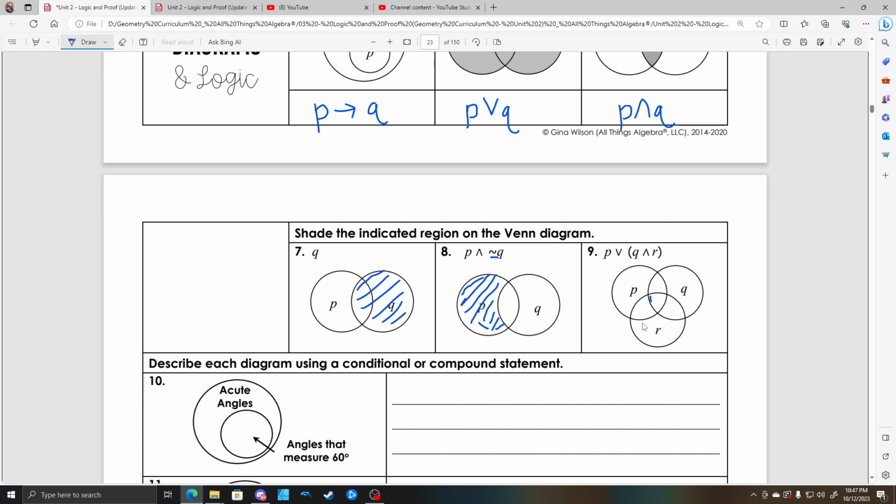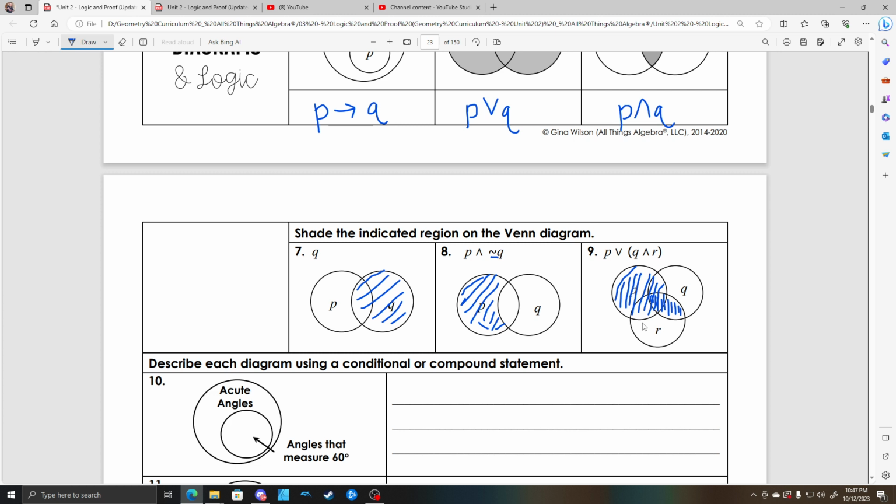So everything that includes Q and R is all of this here. And then it also says P and all of that. So anything that includes P is also correct. So I'm just going to include all of this because this is all of circle P, and this is all correct too. So the only part that isn't included is the part that's just Q and the part that's just R, essentially. Because it has to be, because this is an AND statement.